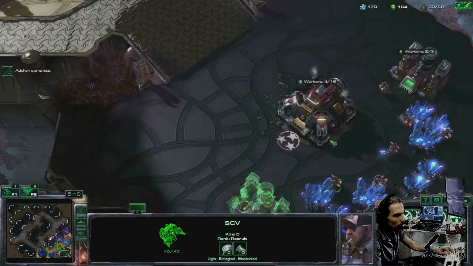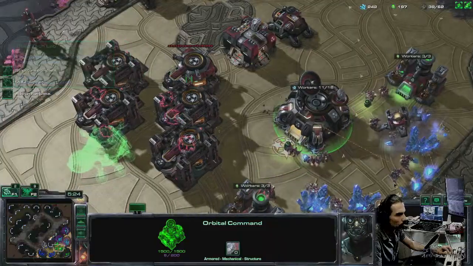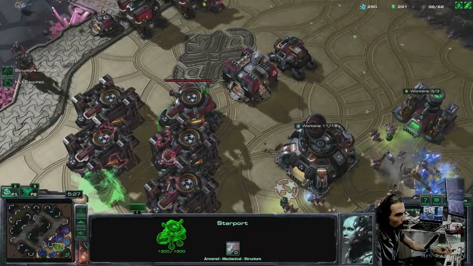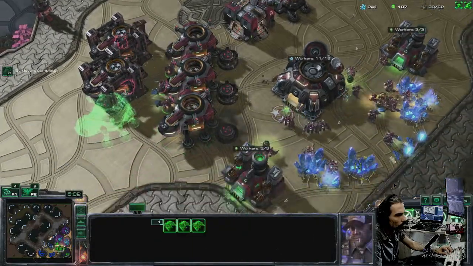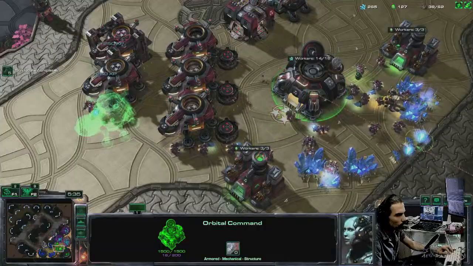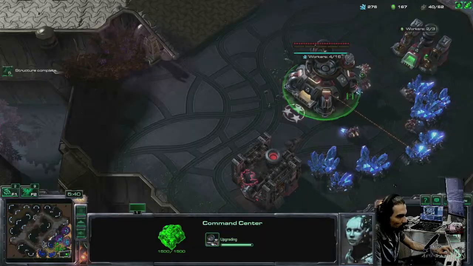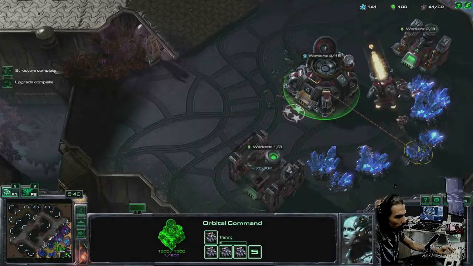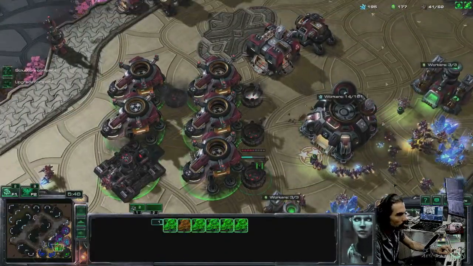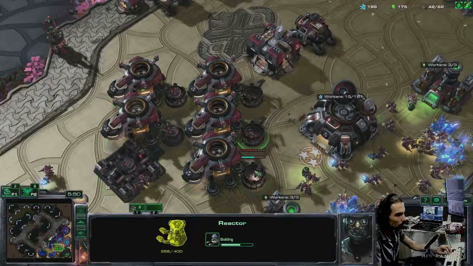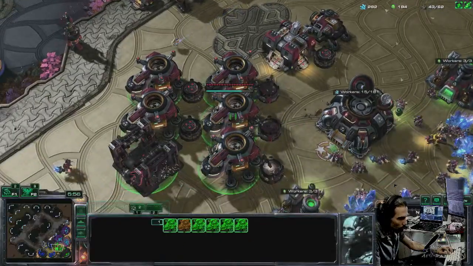Add-on complete. Command center upgrade. SCV ready. SCV ready.